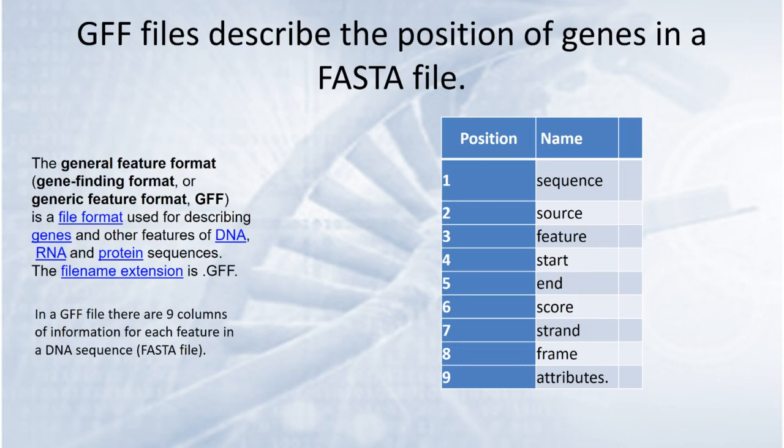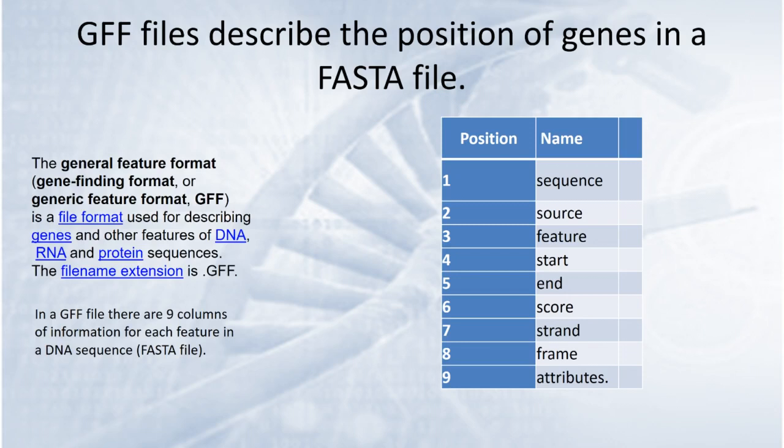And then, so where does this start? It starts at position 6,482 and ends at some number bigger than that. And the score for that kind of sequence, the quality of it, is this. And by the way, this is on the strand that is depicted here, or alternatively the complementary strand, and the amino acid sequences are read in the first frame, and what other attributes it has there.